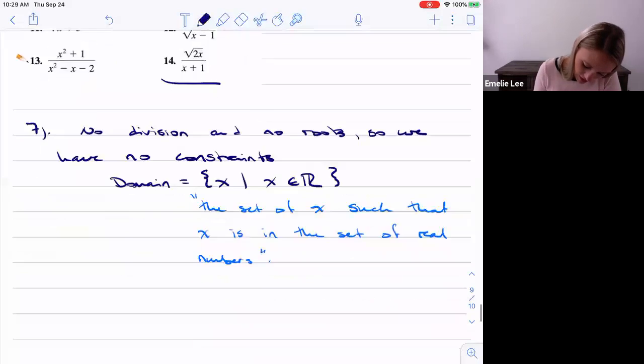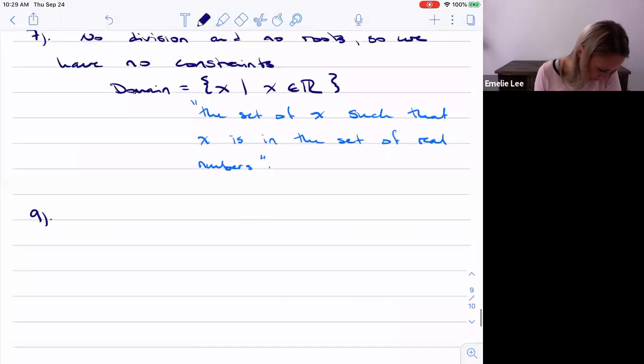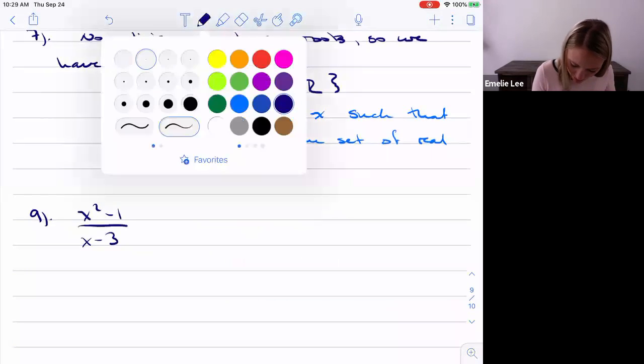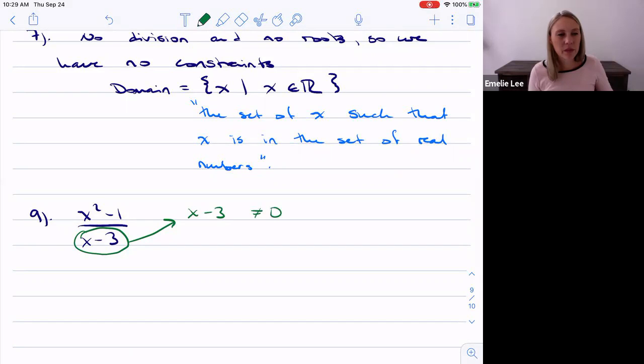Let's do this one. Number 9, x squared minus 1 over x minus 3, right? One thing to keep in mind is that x minus 3 cannot be 0.